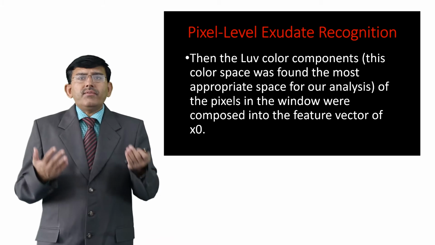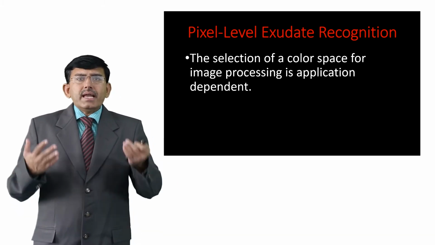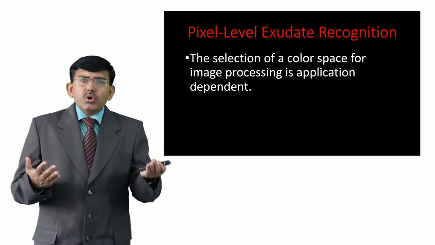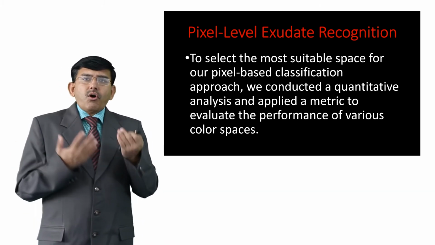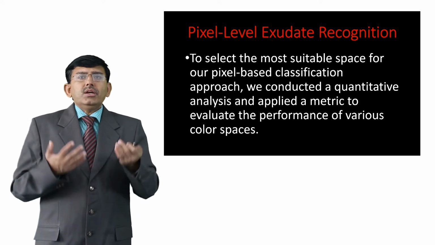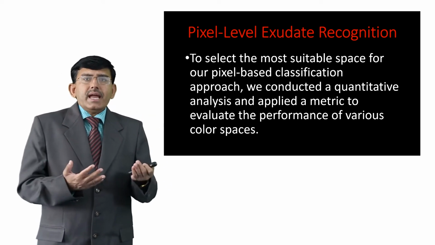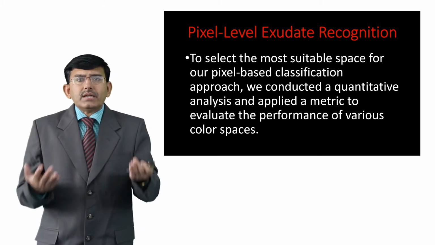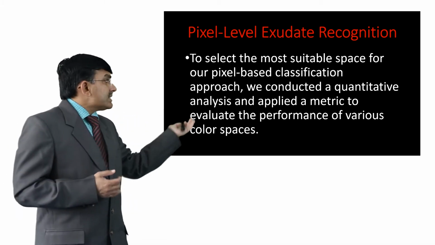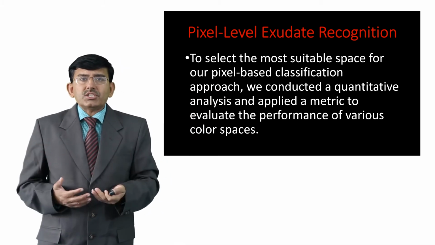The selection of color space for image processing is application dependent. To select the most suitable space for our pixel based classification approach, we conducted a quantitative analysis and applied a metric to evaluate the performance of various color spaces used in this application.